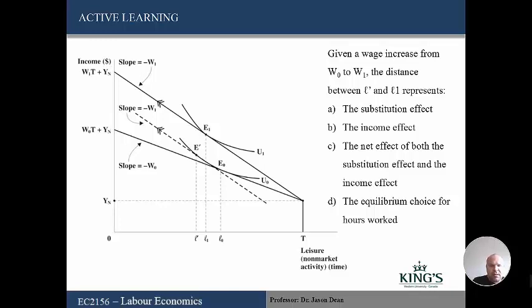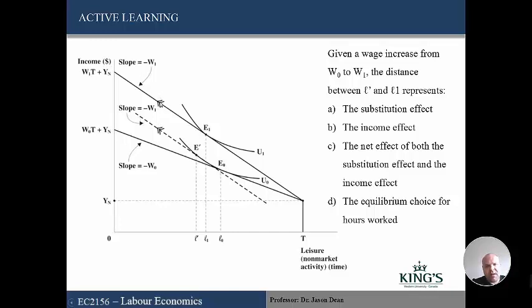Okay, so let's think about this. If we look at point E0 and E prime, we have the wage being W0 for the optimum at E0, and then we have the new wage, which is higher.